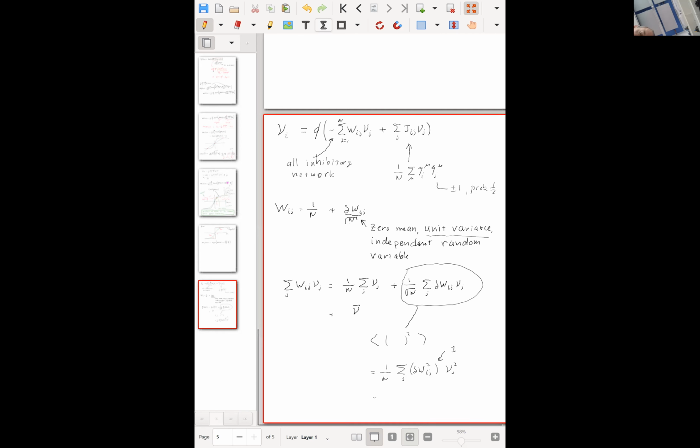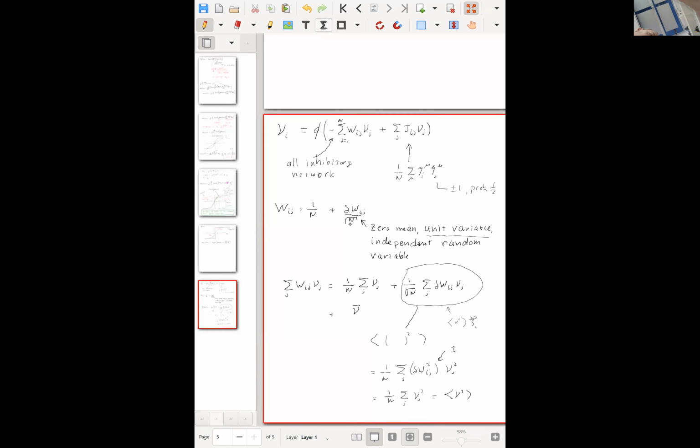So this is actually equal to 1 over n, the sum on j of nu j squared, which is the second moment. So we can just replace this term by the average value of nu squared times squiggle i, a 0 mean unit variance random variable.